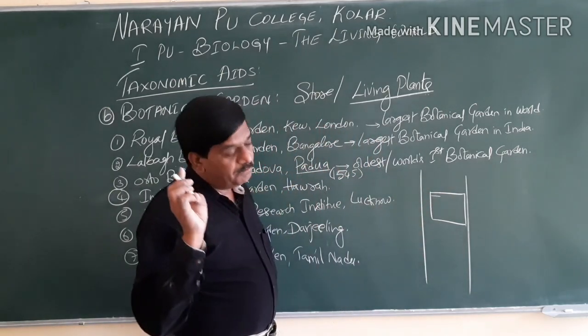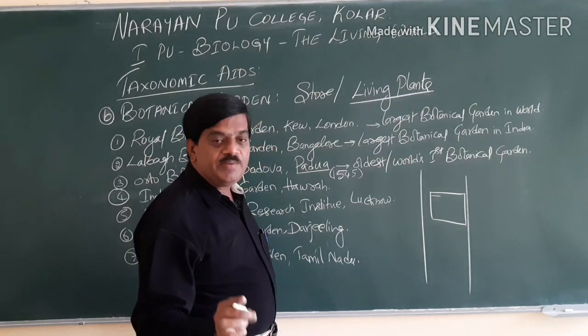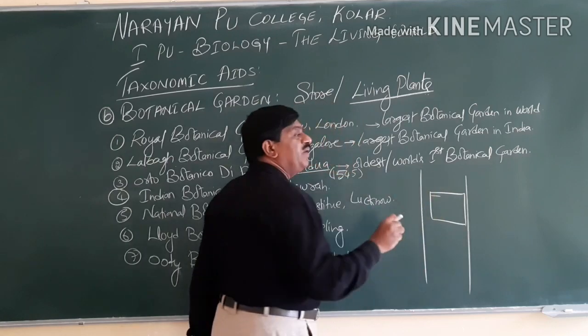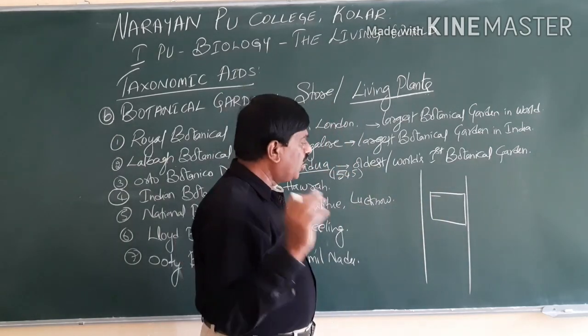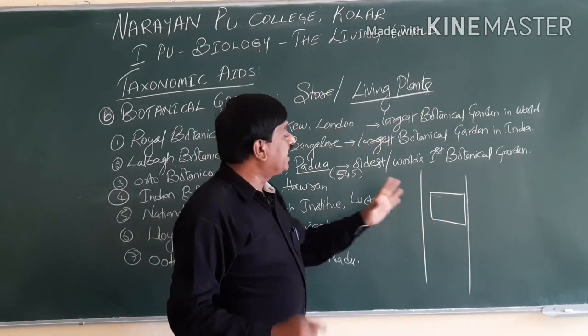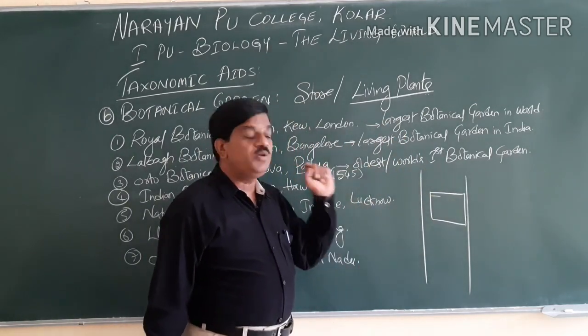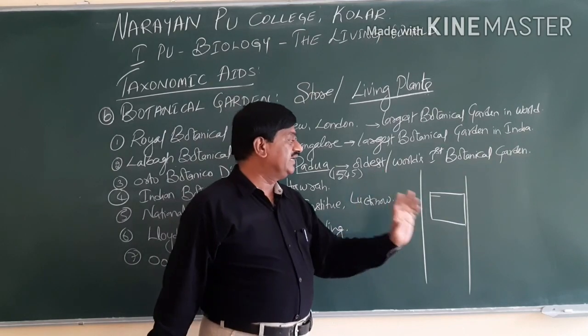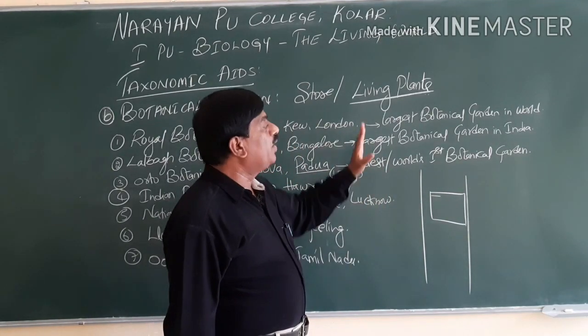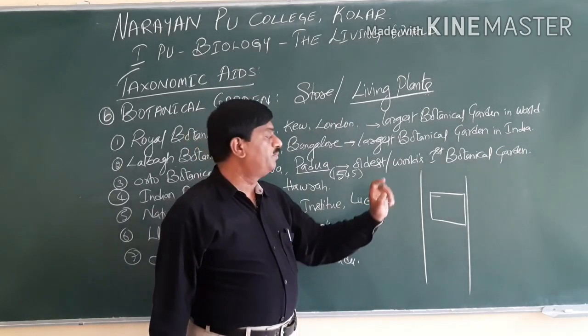It may be the botanical name, common name, family, genus, and all the details, including where this plant was brought from and grown. All the details are tagged to the trees, and the trees are also numbered 1, 2, 3 like that, so that we can know how many trees are present in each botanical garden.